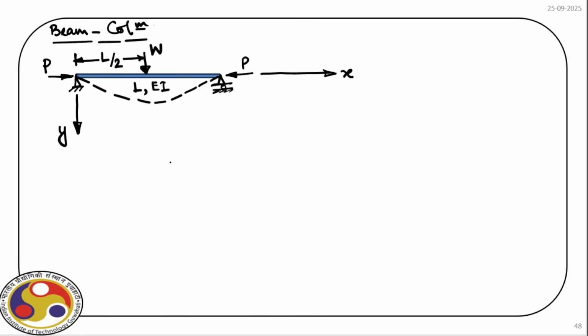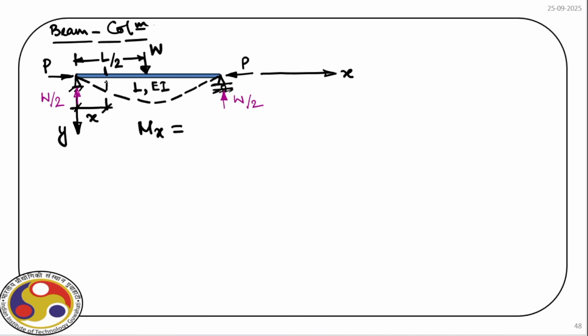Okay. Now again what we do, we consider a cross section at a distance X. Now at this section we can find out what is M of X. For that we know there are support reactions because of the vertical load W. So we have two support reactions, one is here and another is here, and the support reactions are W by 2 and W by 2.